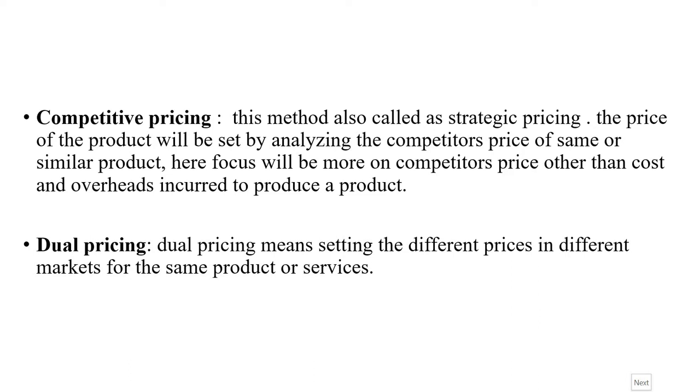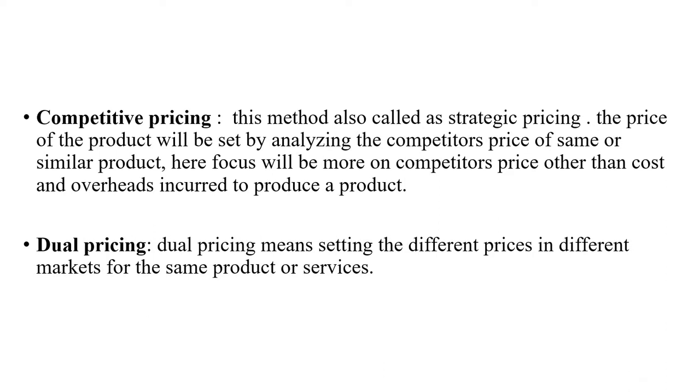That is known as competitive pricing. In the market, compared to other competitors, we try to price it lower, by which the demand will be increased. So in competitive pricing, the price will be set by analyzing the prices of competitors.